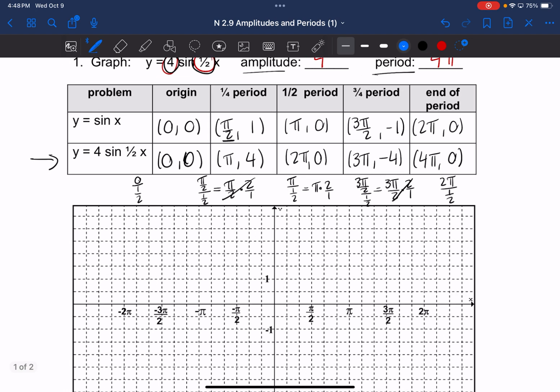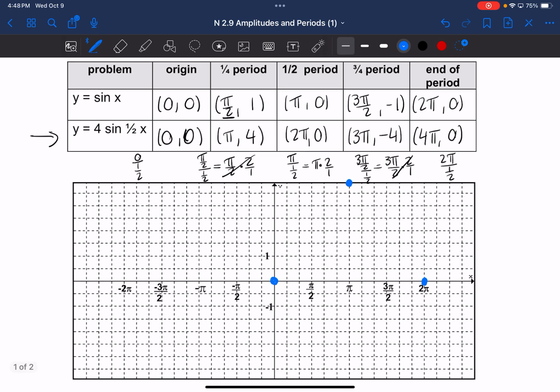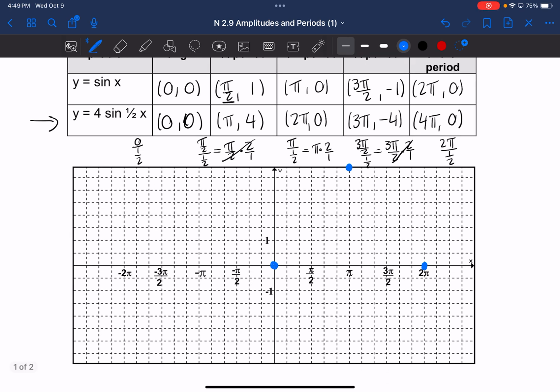So my first point is still at 0, 0. My next point is at pi, 4, which would be all the way up here. My next point is at 2 pi, 0. My following point would be at 3 pi, but that's not going to fit to the right of my graph. Luckily, we just need to plot one full cycle, and our function is repetitive.